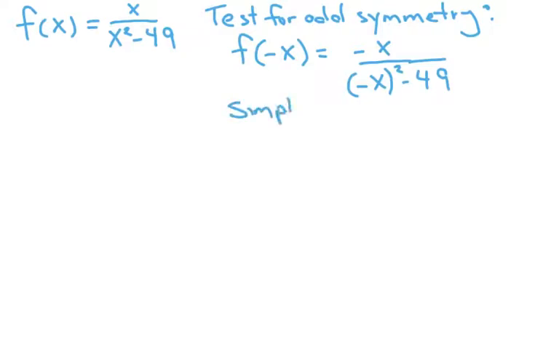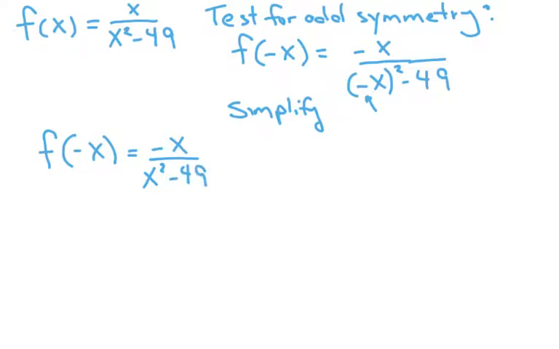So f of negative x looks like negative x over, this negative here gets canceled. Well, we multiply it by itself, so I hope you see what I mean. Now, I'm not sure, is that negative f of x? How do we see this?